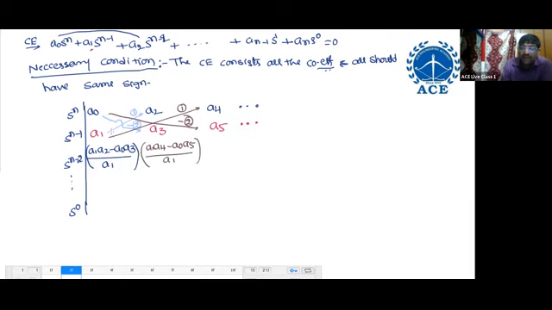So A1, A4 minus A0, A5 divided by A1 only, and so on. All the products with only the first column, remember.